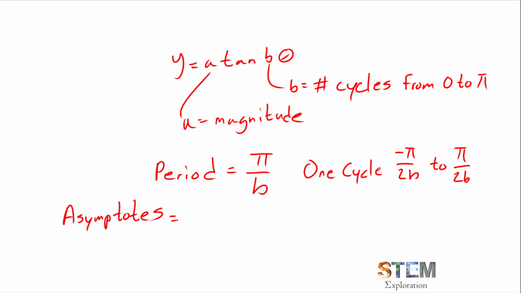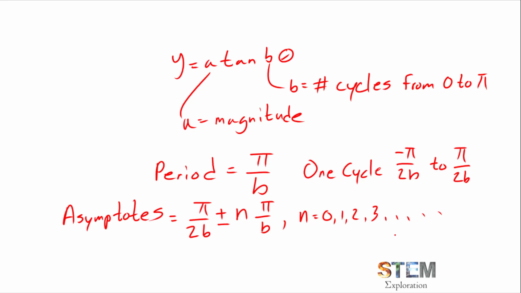You can say pi over 2 times the number of cycles plus or minus n, which can be any integer, pi over b, where n is just equal to 0, 1, 2, 3, and so on. It can be any of those values.